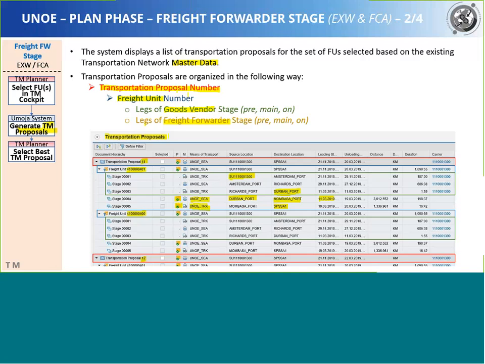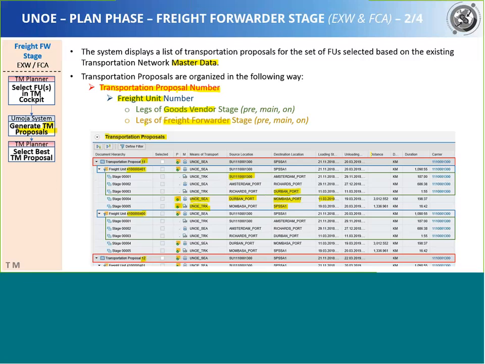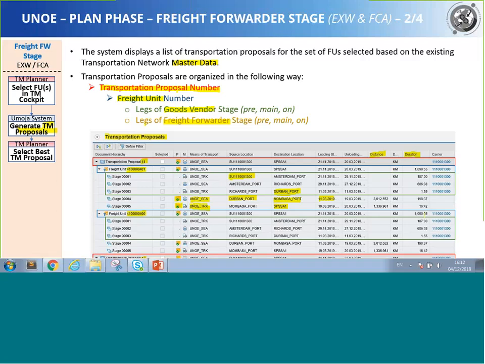All right. So that's how the system will display the different transportation proposals, so that we as a transportation planner can select the best proposal. And in here, besides the route, we can also see the distance and the duration for each leg.